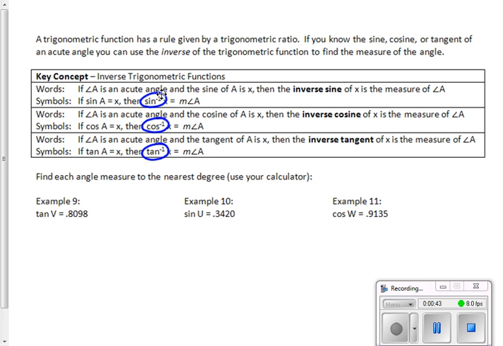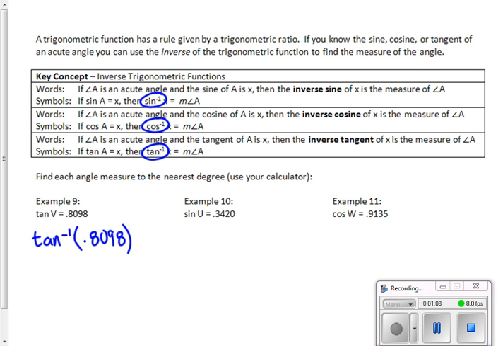So in example 9, we want the tan V, which is talking about angle V. So we're going to say tan -1, and then inside that on your calculator it'll probably come up like this, displayed on your calculator screen. Then we substitute in the ratio that has been rounded.